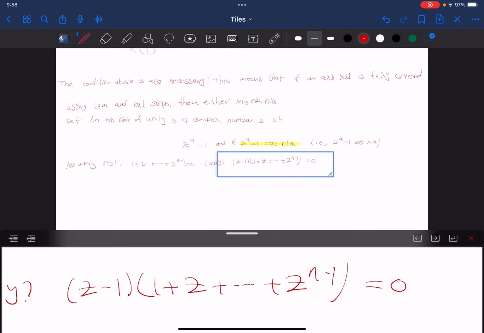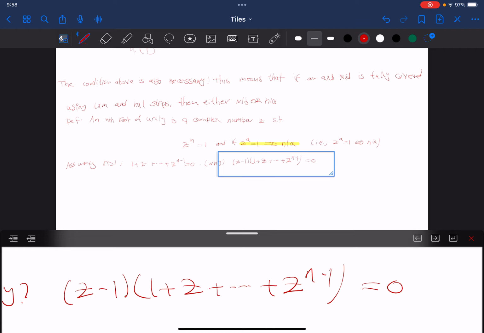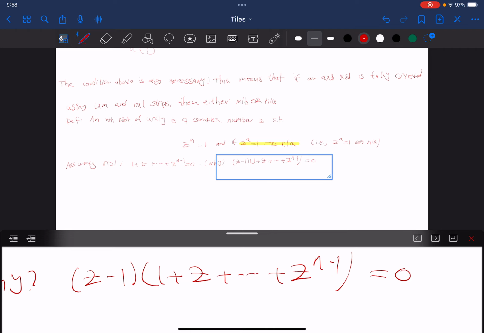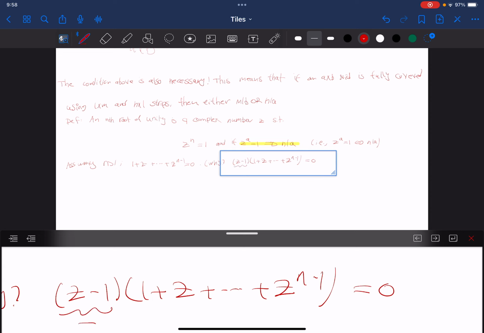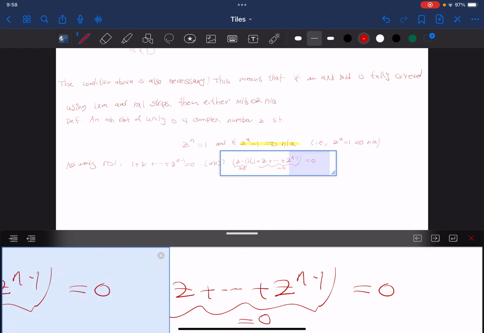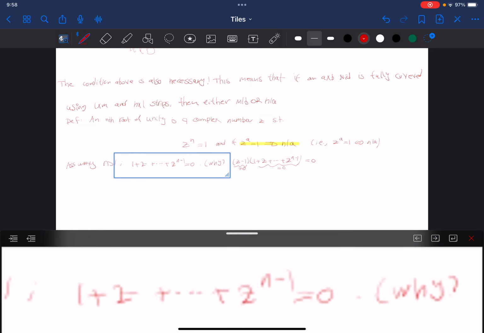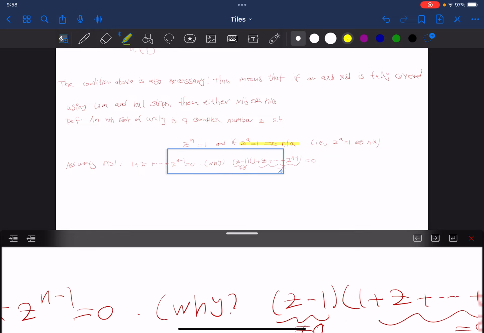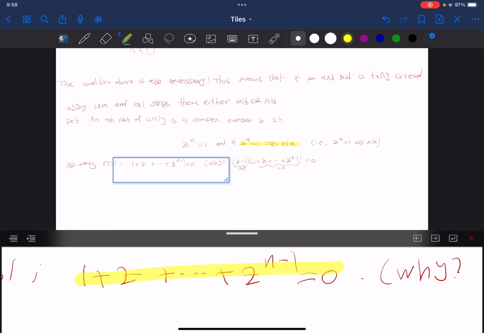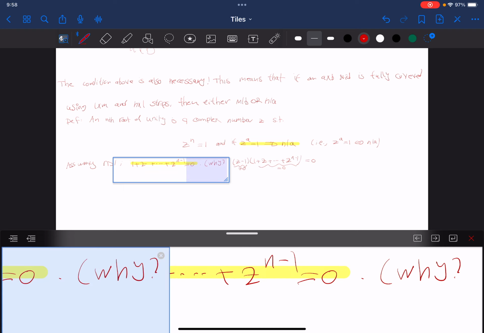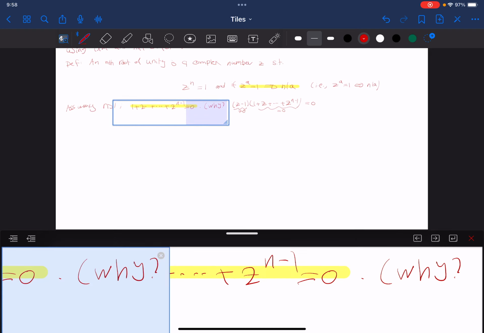And I know that n is not 1, so the smallest number such that z to the power that number is equal to 1 is larger than 1. So that basically means that this factor is not 0. Then I must have this other part equal to 0. And so we have this identity as well here. Okay, sounds good. Now, how exactly is this going to help me to show the claim I made here about the necessary condition?